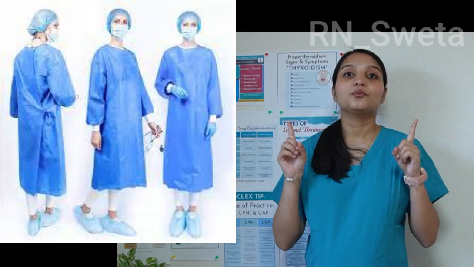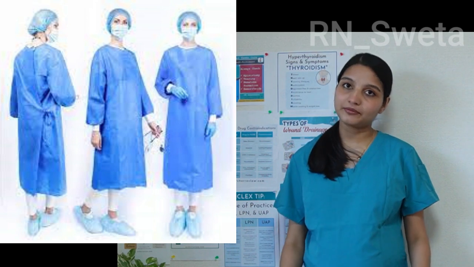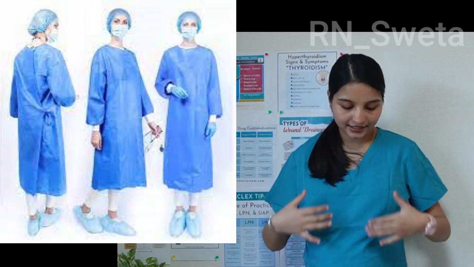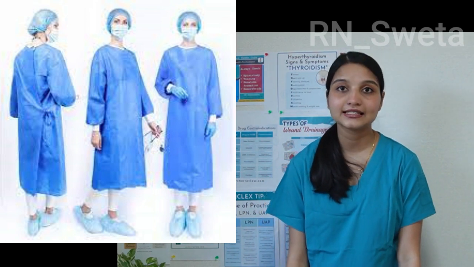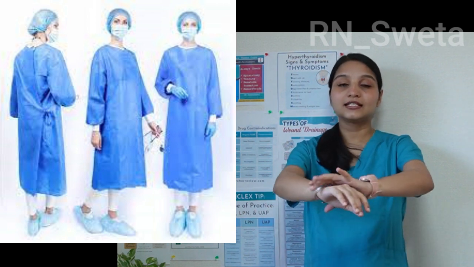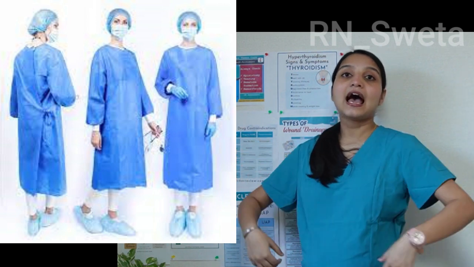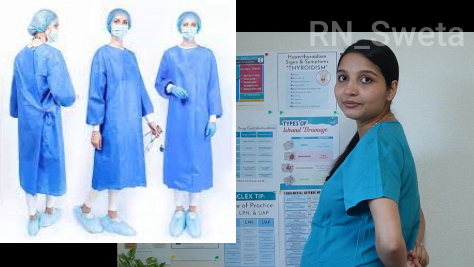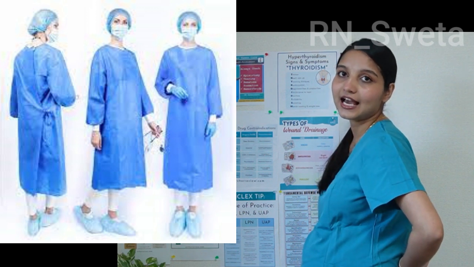The gown will cover almost your full body, right from your neck till below your knees, all your arms till your wrists, okay? And it will be tightened at the back with the lace attached to it. It will help you to prevent the splashes of blood and body fluids during the procedure from soiling your clothes.